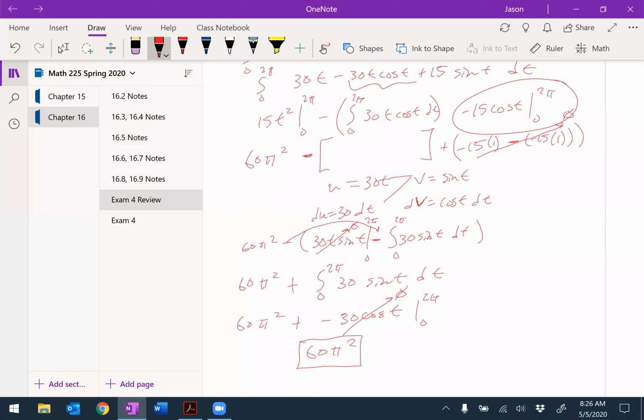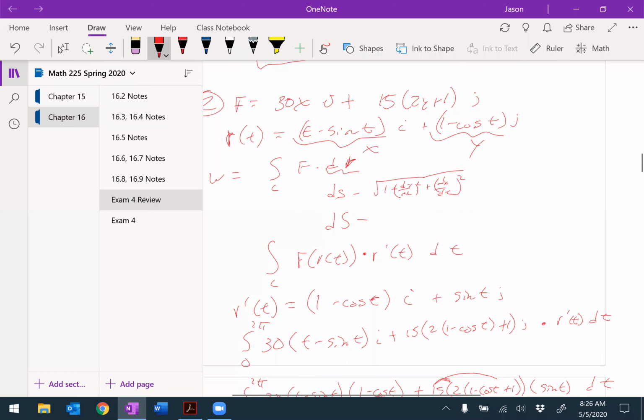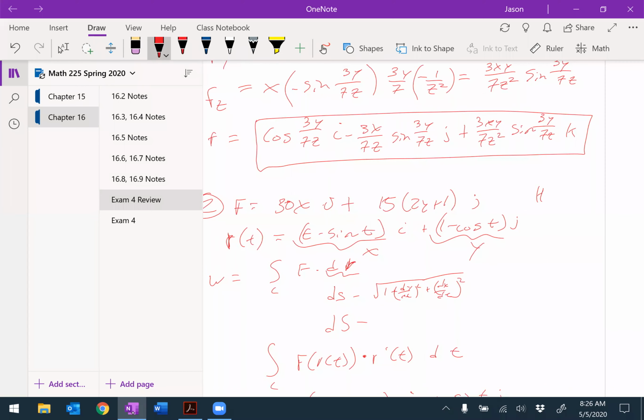Now, this is what I would like to call the hard way, because there's actually a much easier way. I don't know if the book intended for you to do it the easy way; they pretty much intended you to do it the hard way.